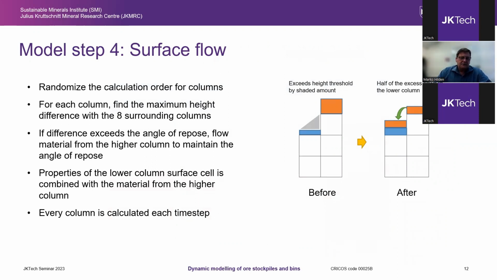And if the angle of repose is exceeded, we calculate how much material should flow from the high column to the lower column to restore the angle of repose. The properties of the material that flows to the lower column are then combined, and we repeat this for all of the columns in the grid.